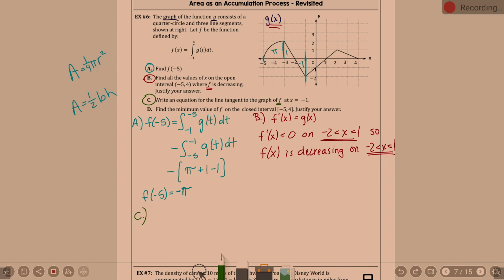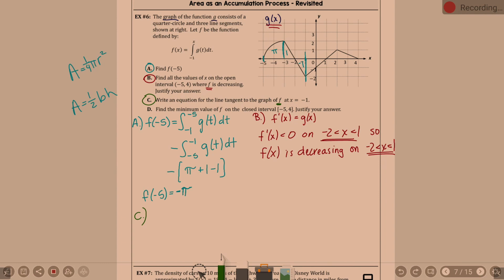Now, we're writing an equation for the line tangent to the graph of f. In order to write an equation of a line, you need a point and a slope. Let's talk slope first.